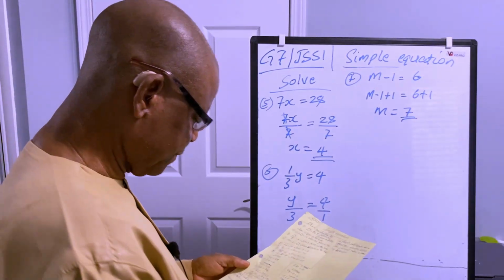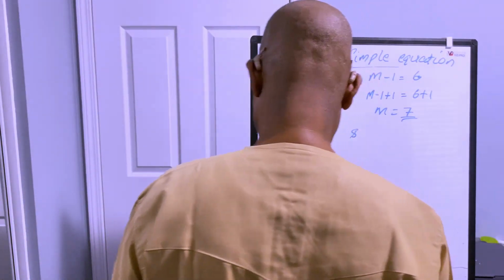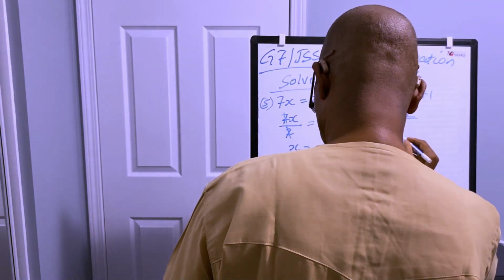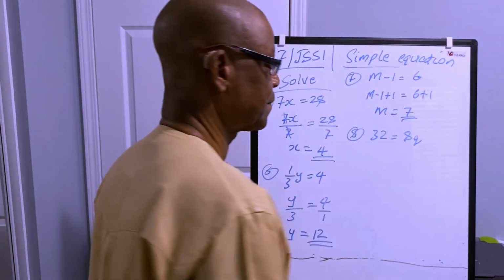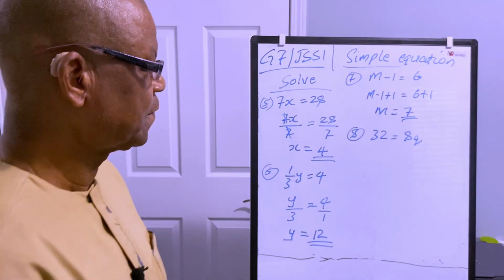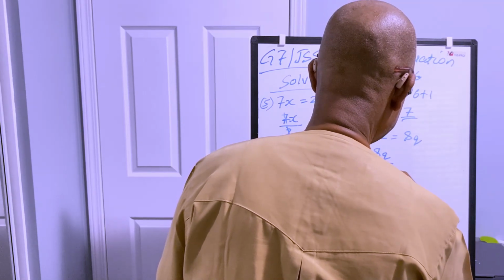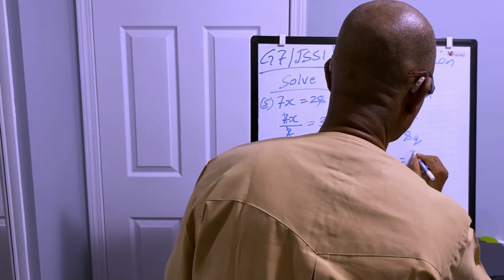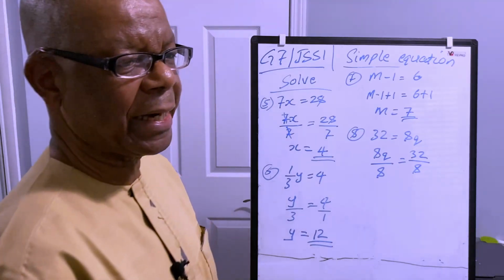We go on, number 8. We have here 32 equals 8q. So we are expected to find the value of q. And that is 8q. We divide it by 8. What we do to this side, we must also do here to retain the equality sign.